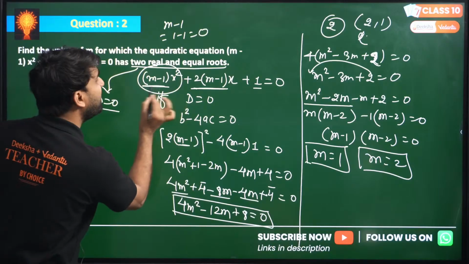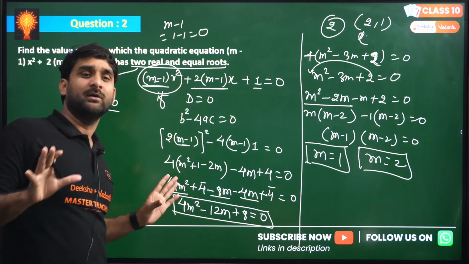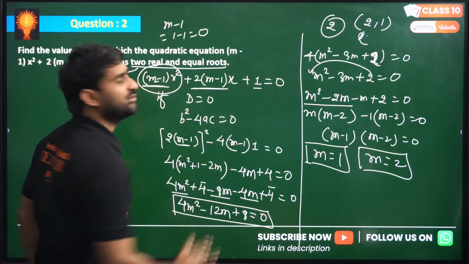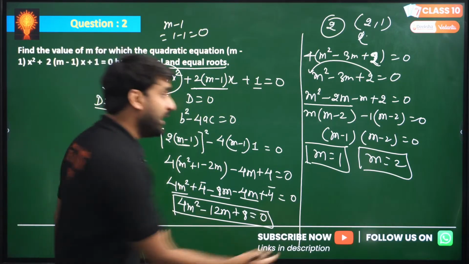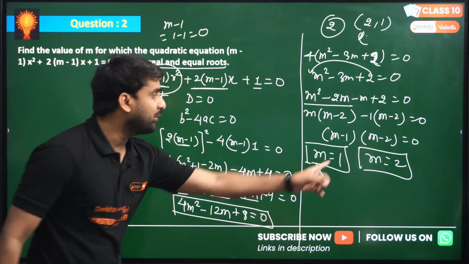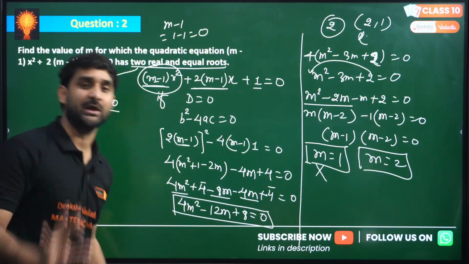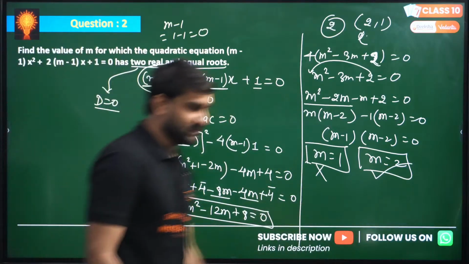This whole family will be 0. So the x square family will vanish, will be deleted. And if the x square family is deleted, this quadratic equation will no longer be a quadratic equation. This will become a linear equation. So m equals 1, we will ignore this. We cannot approve m equals 1 because it makes this quadratic equation linear. So m equals 2 will be approved. So m equals 2 is the answer of this question.